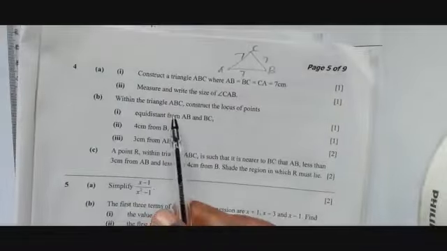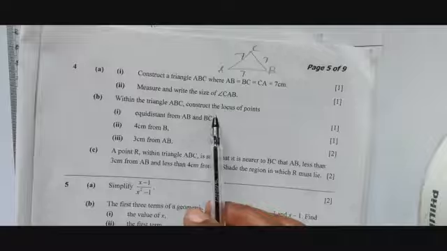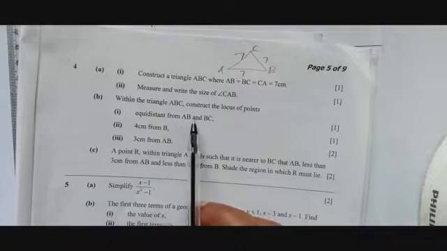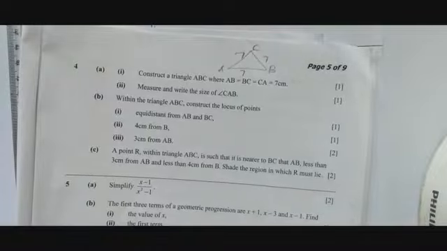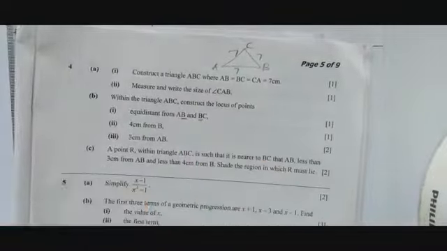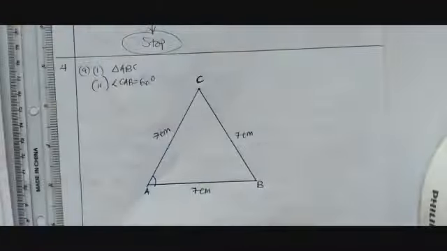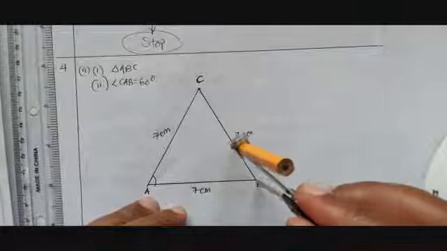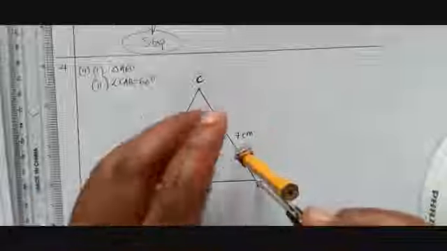Within the triangle ABC, construct the locus of points (i) equidistant from AB and BC. Take note here. There's AB and BC. What is common here is B. So we bisect angle B. All right? So how do we bisect? We get our compass. You create an arc.